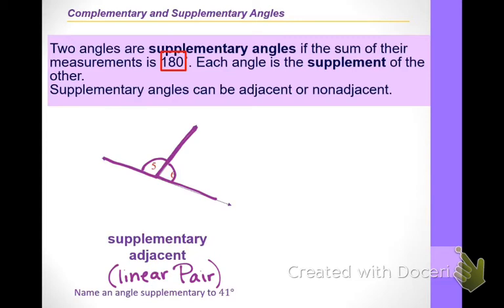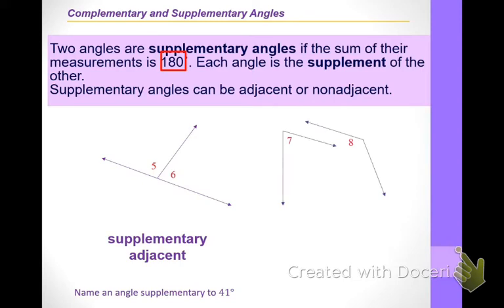So it can look like this, or it could look like this. Again, if they were non-adjacent, you would need the measurements to know that they were supplementary, to know that they added up to 180.